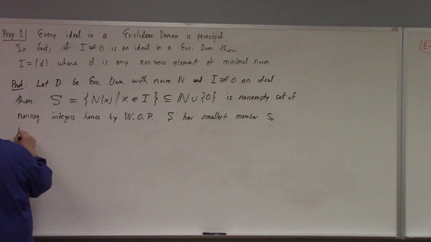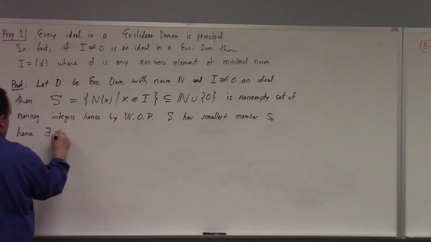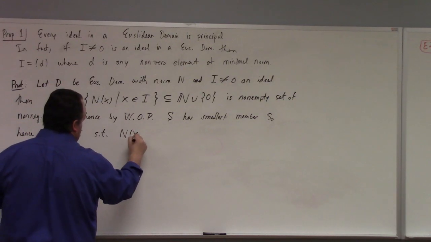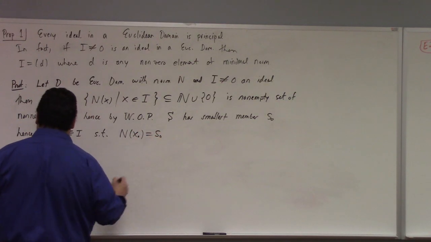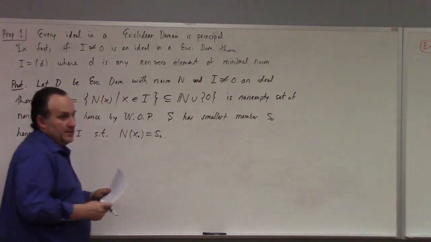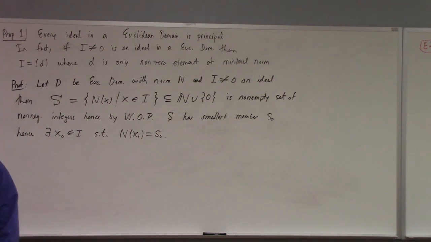Hence there exists x naught in the ideal such that the norm of x naught is equal to s naught. All right? To show that the ideal generated by x naught actually is going to have everything in it, right?